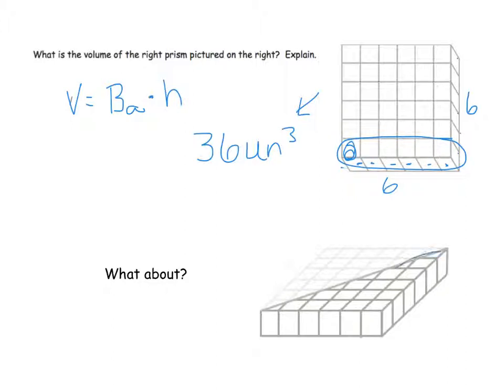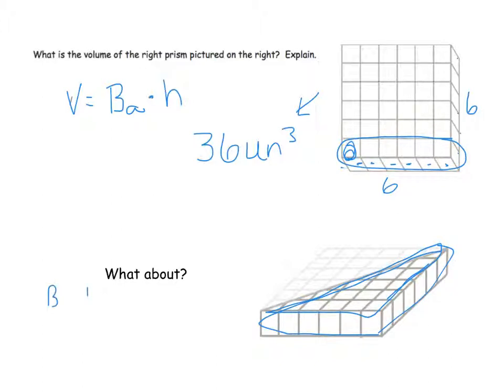Well, it's a triangular prism. A triangular prism is exactly like that, except it's half the volume. So again, we would figure out our base area, and in this case, I'm going to be thinking of this triangle as my base. So 6 times 6 divided by 2 to get my area.